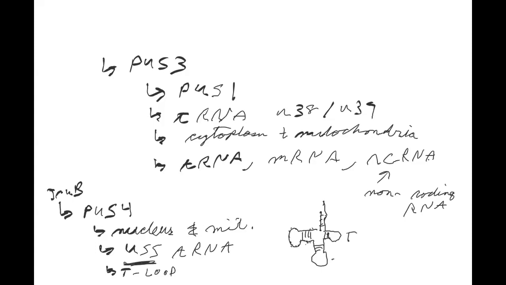That's the T loop. This is the D loop. This is the anticodon loop. Okay. And actually, I didn't draw it, but there's actually a little appendage here, which is called the variable loop. Okay. All right, so this enzyme is working in this location.